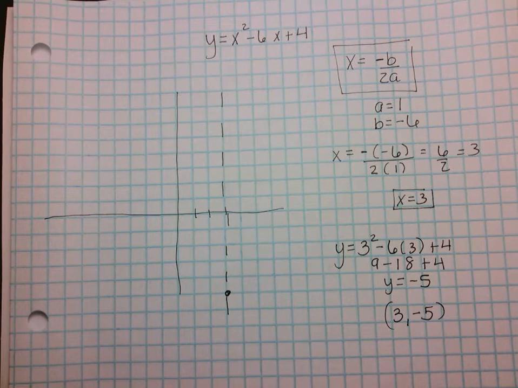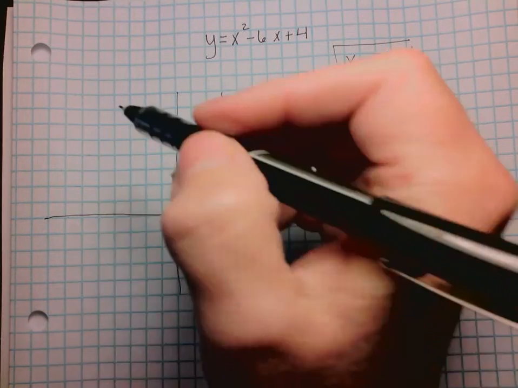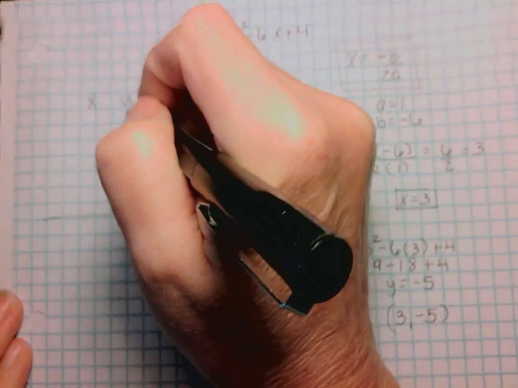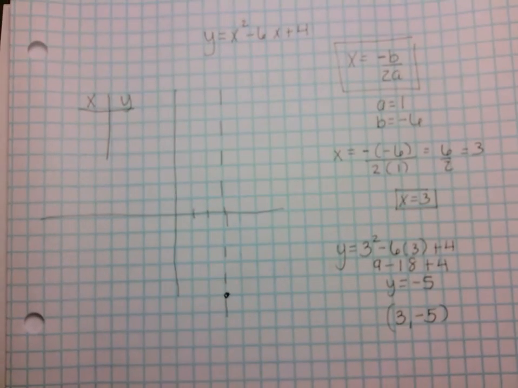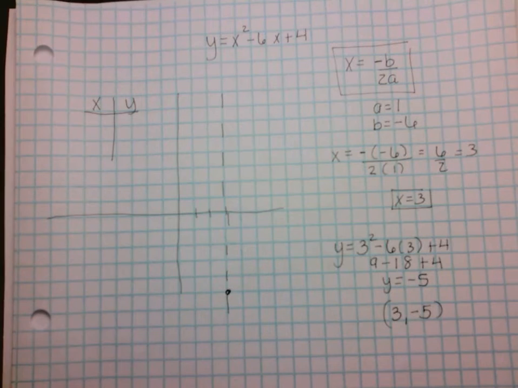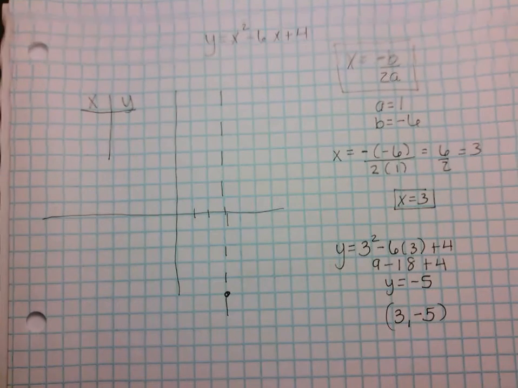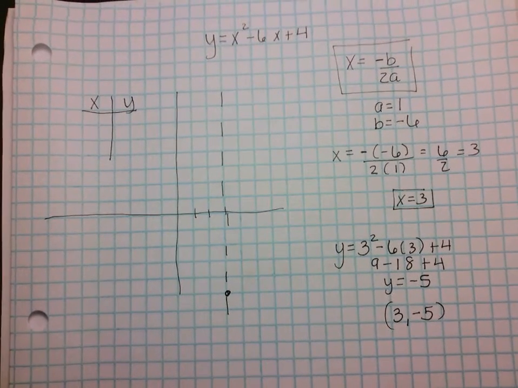Now I need to go ahead and create my table. I need to find one or two other points, reflect them over the axis of symmetry, and then I will have my graph. So I always say go ahead and find the y-intercept.